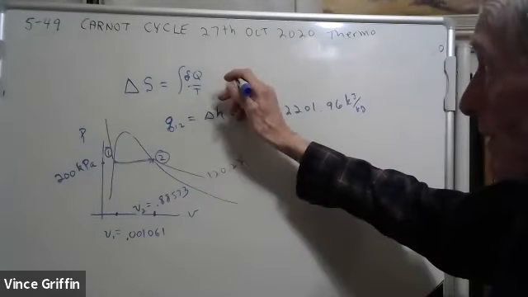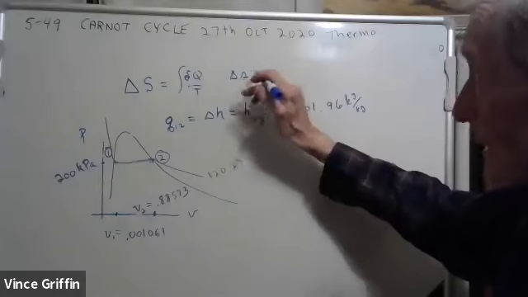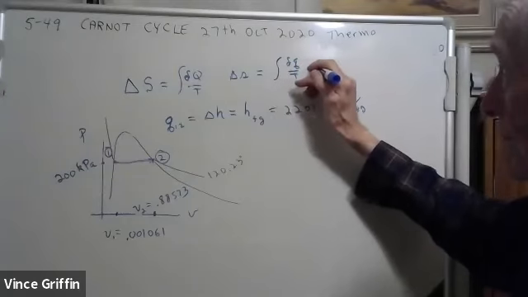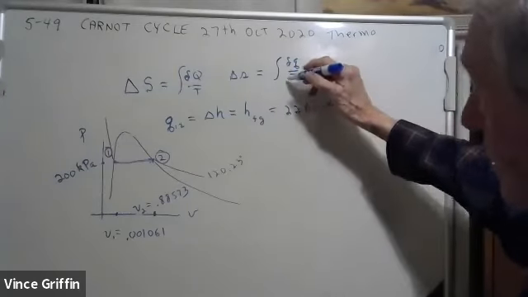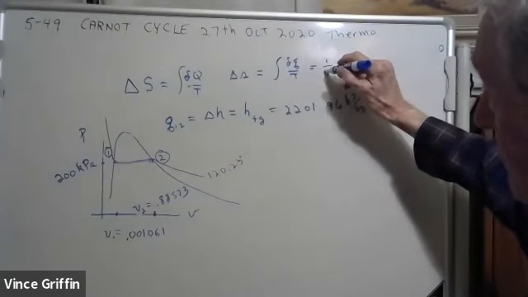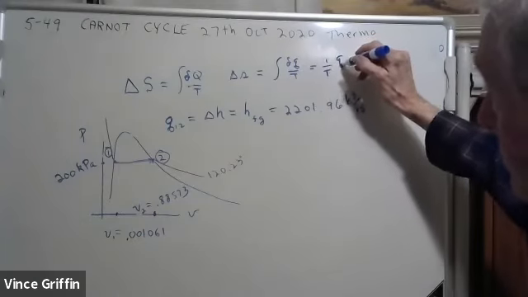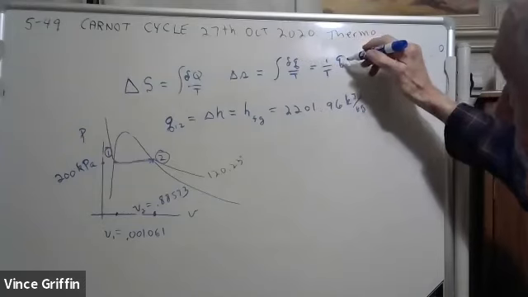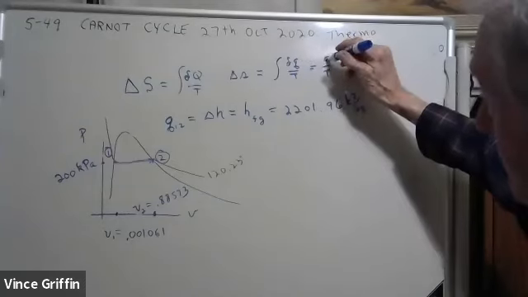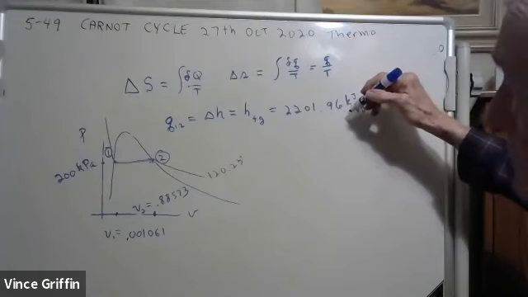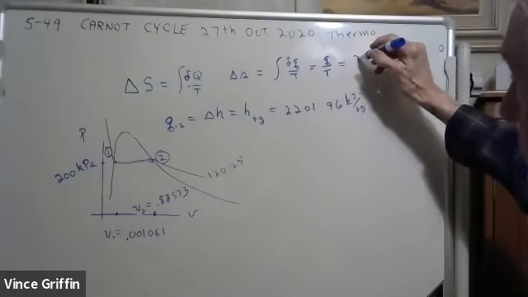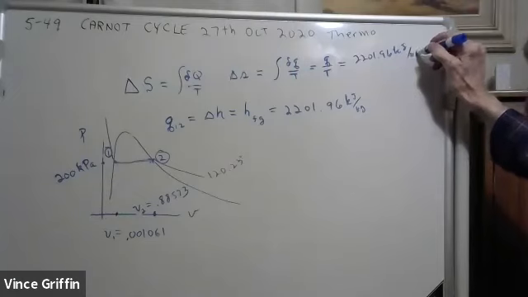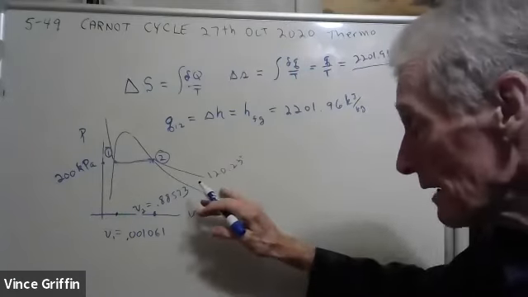Now what we're trying to cook up right now is really delta little s, and it will be the integration of d little q over T. In this case here, T is a constant. You can just pull it out. And the q, when you integrate that, you just get q. It's just q over T. We got the q, and we got the T. The q is 2201.96 kilojoules per kilogram, and the T is, we got to get it in Kelvin.